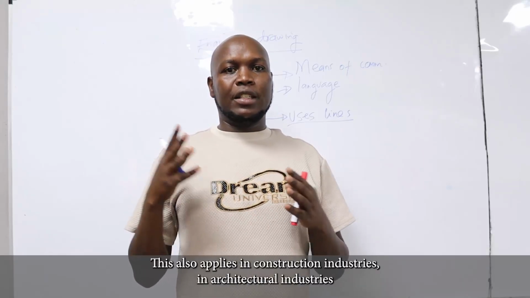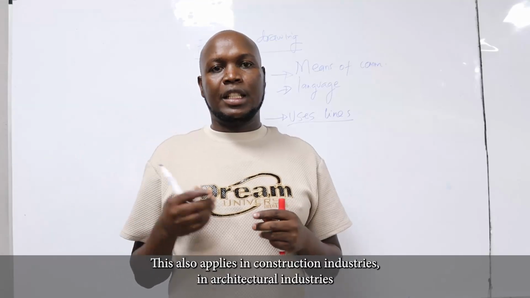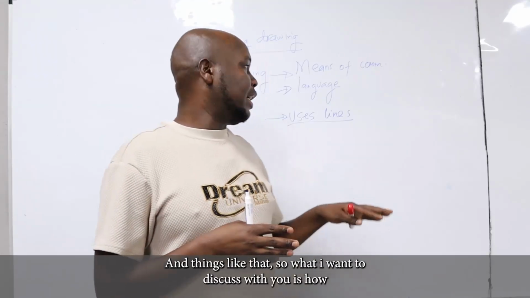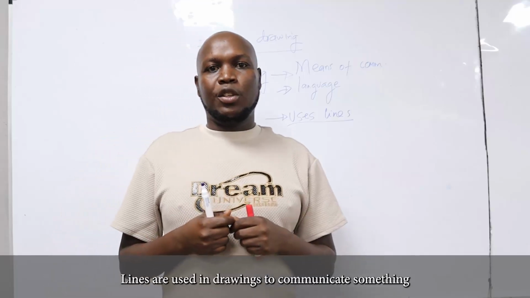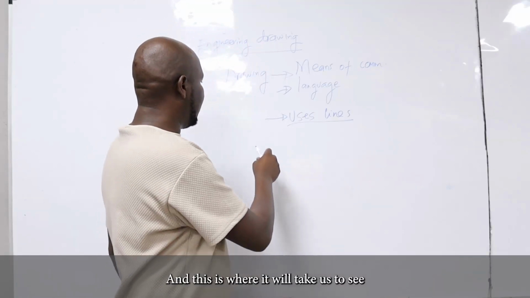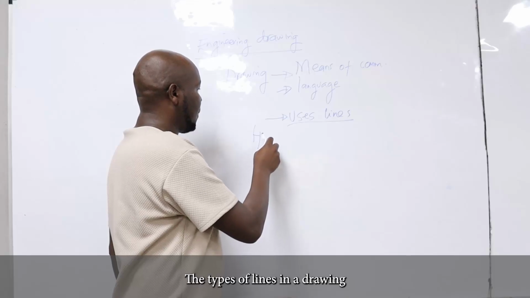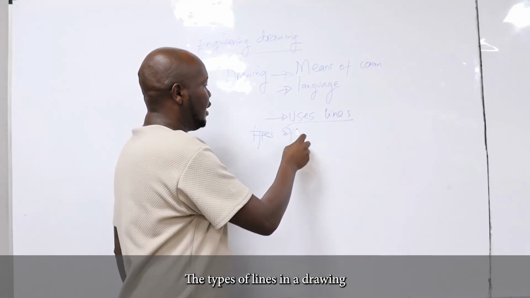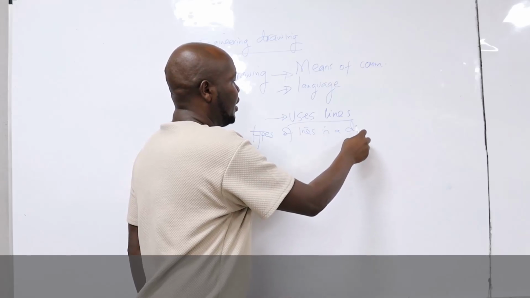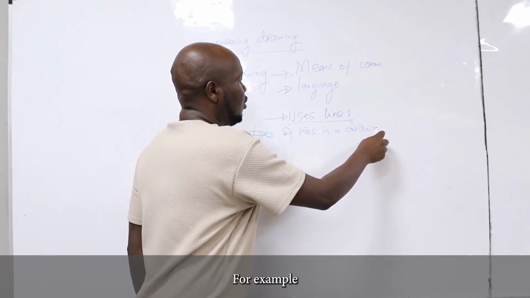This also applies in the construction and architectural industries. What I want to discuss with you is how lines are used in drawings to communicate something, and this takes us to the types of lines in a drawing.